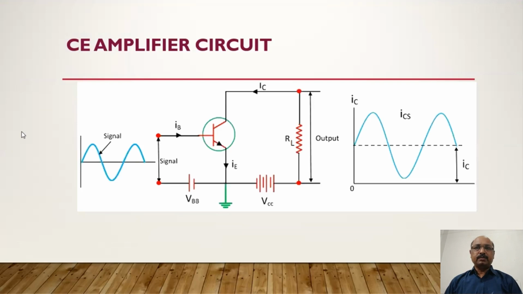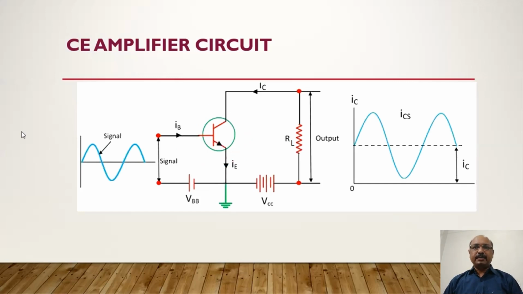Look at this figure. This is a figure of the CE amplifier circuit. In the circuit, BJT is used as an amplifier. Then it is biased in such a way that the base emitter junction is forward biased and the collector base junction gets reverse biased.